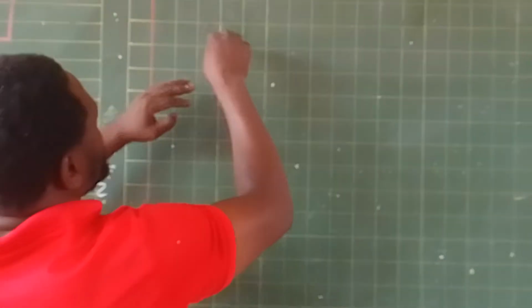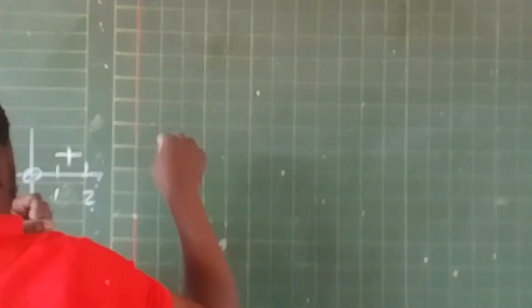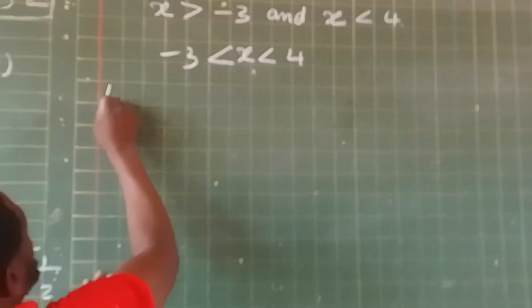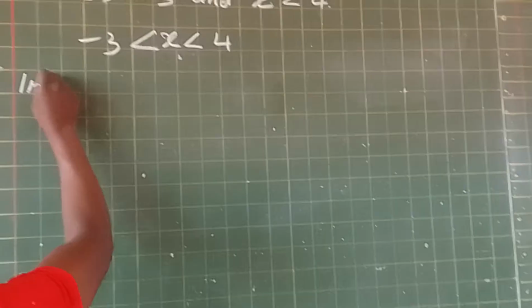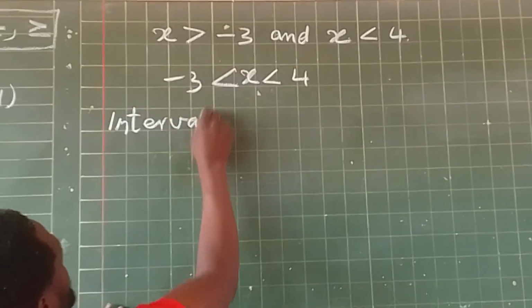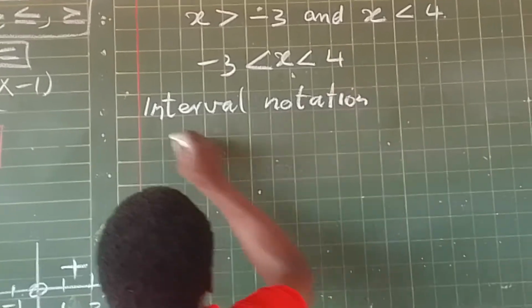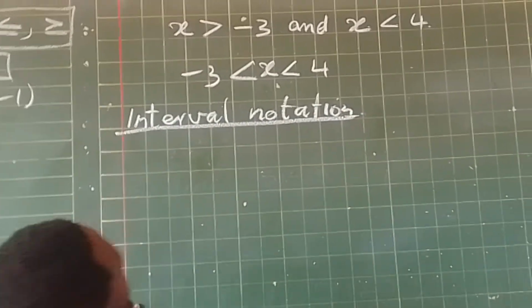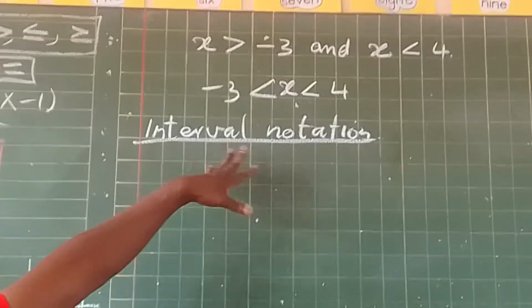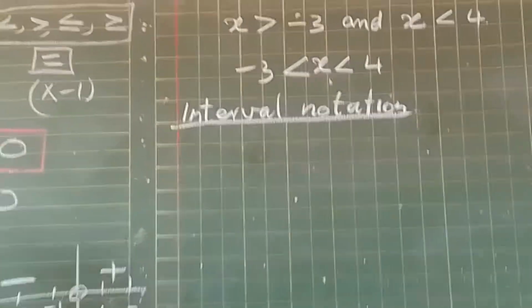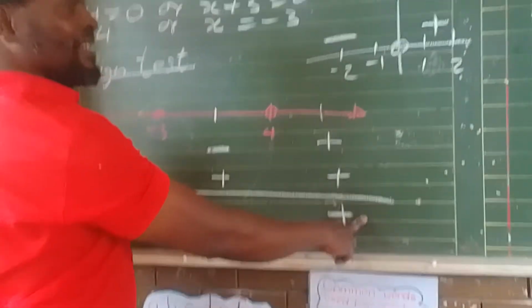Now there is one other thing I want to give you. There is what we call the interval notation. We come back here to our graph, our number line system.